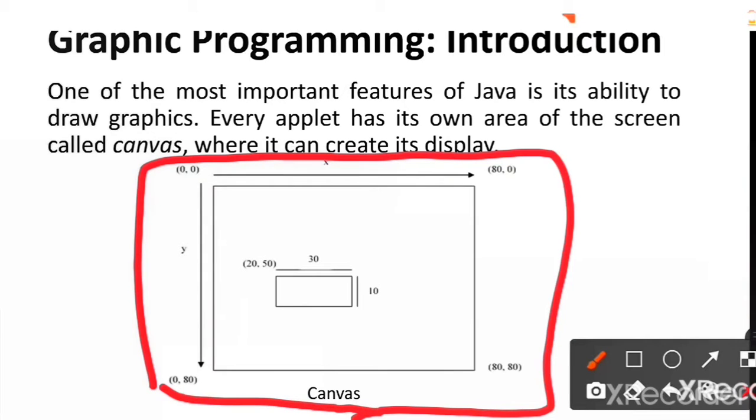So the Java coordinate system has an origin, that is 0, 0, in the upper left corner, with positive x values to the right and positive y values to the bottom, and the values of the coordinates x and y are pixels.